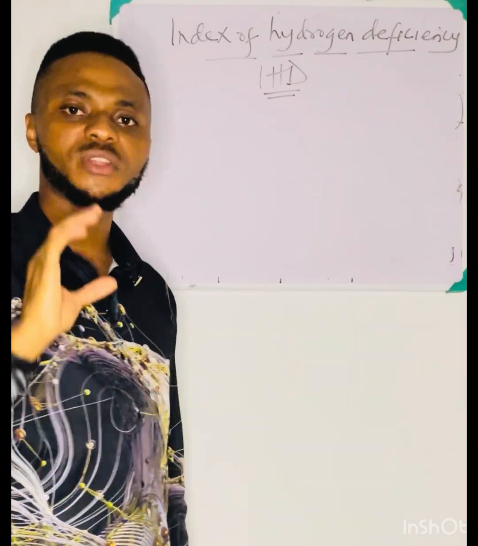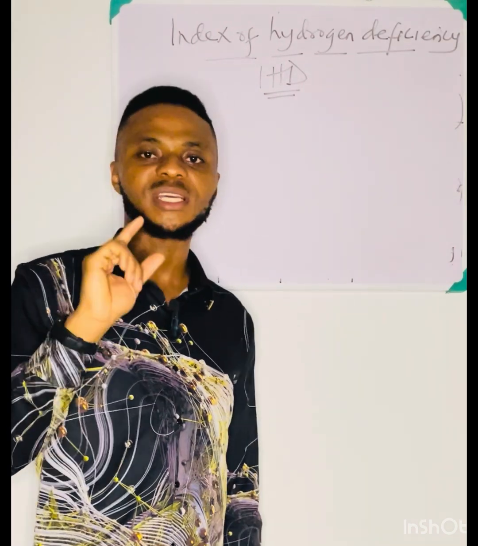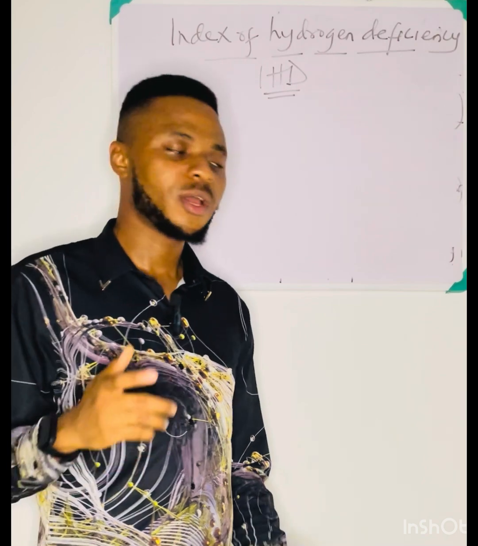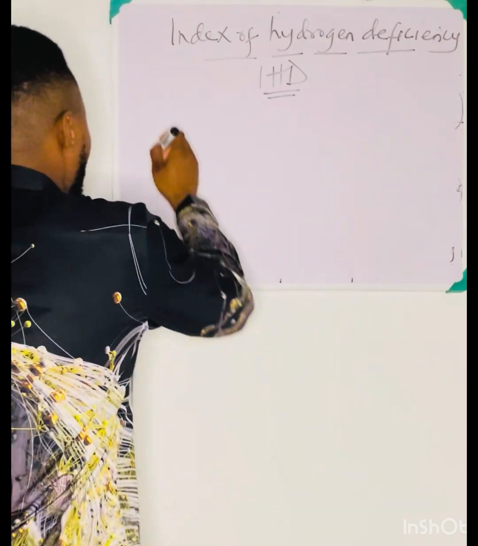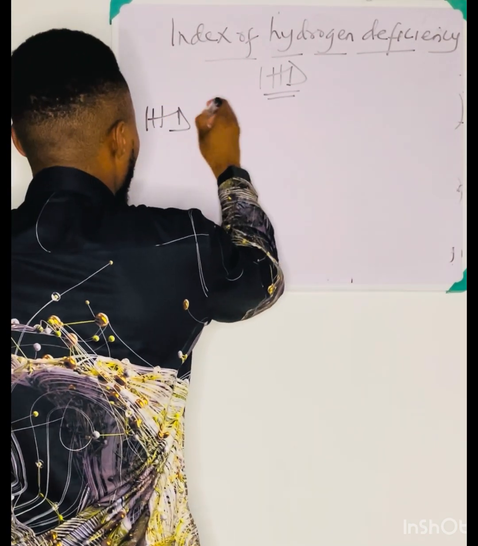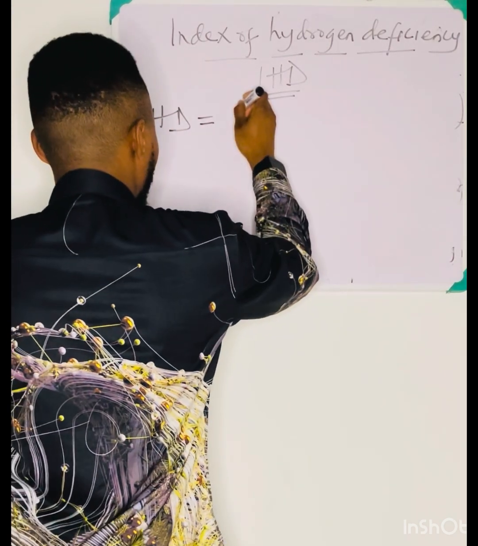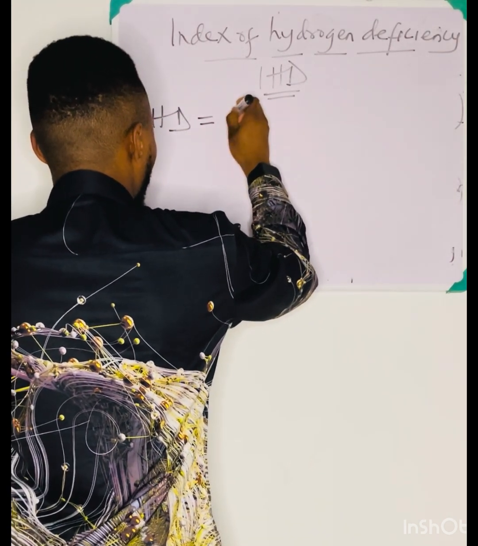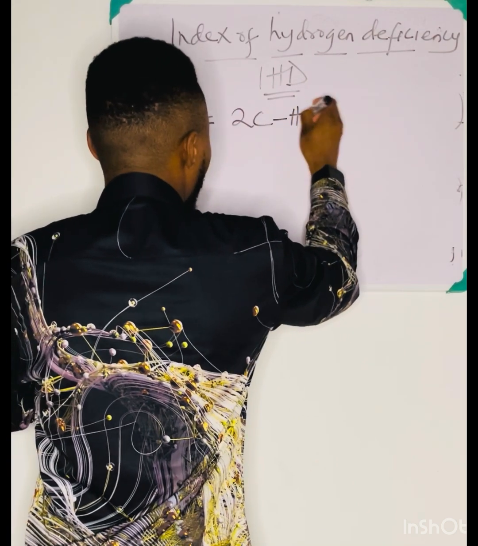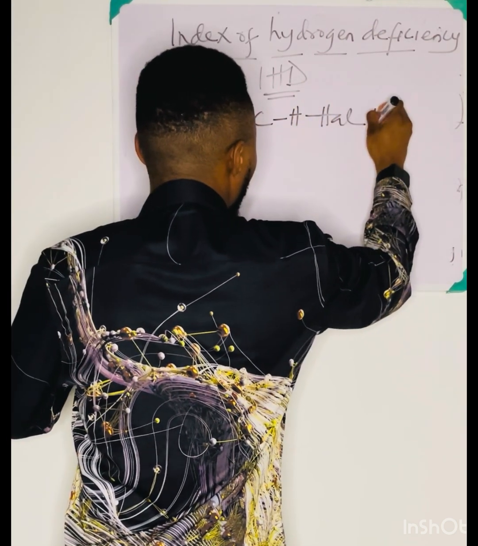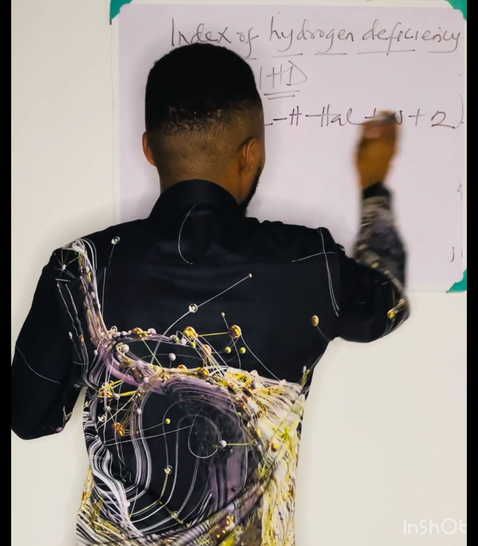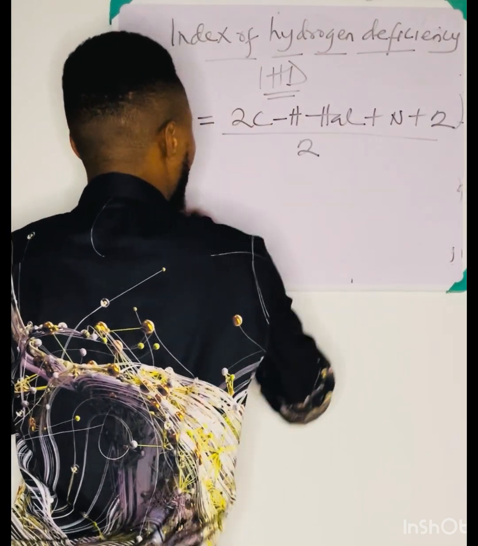All right. So I'll be giving you the shortcut on how to calculate IHD to avoid too much grammar. The formula for IHD that is actually shorter, that will help you to determine the index of hydrogen deficiency is equal to (2C - H - HAL + N + 2) divided by 2.